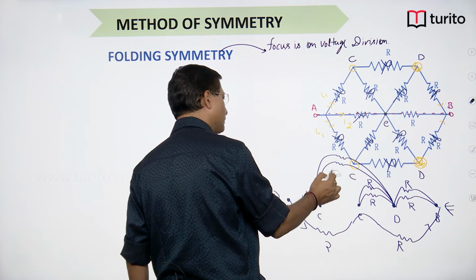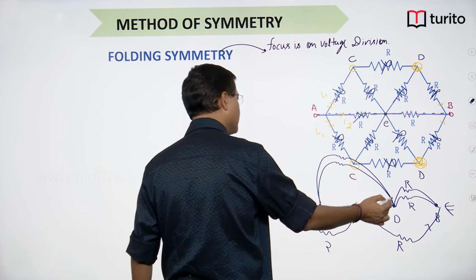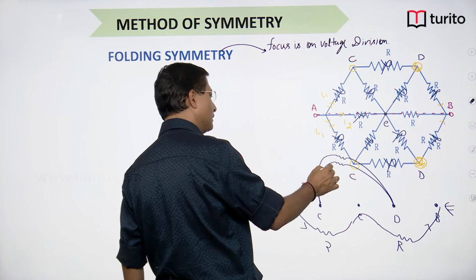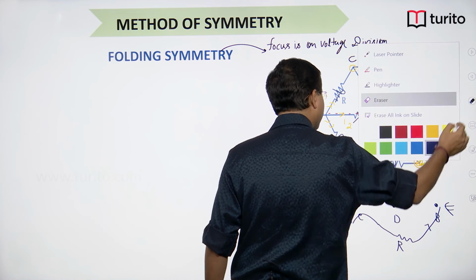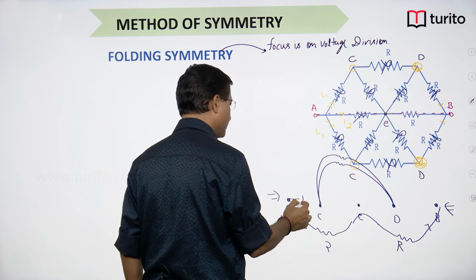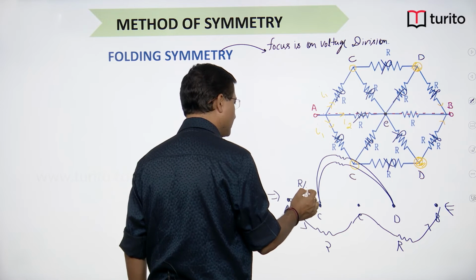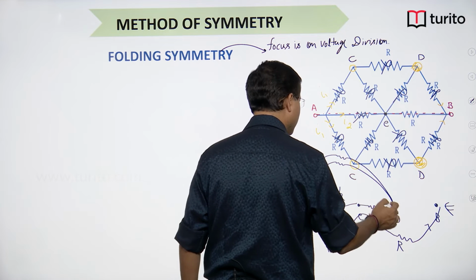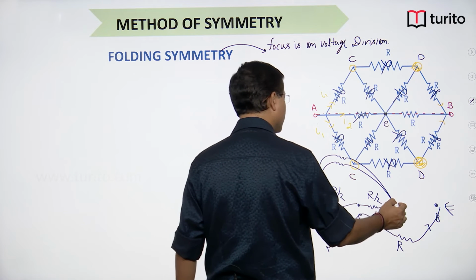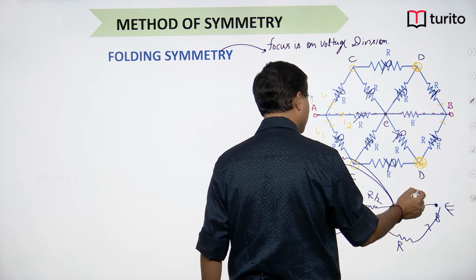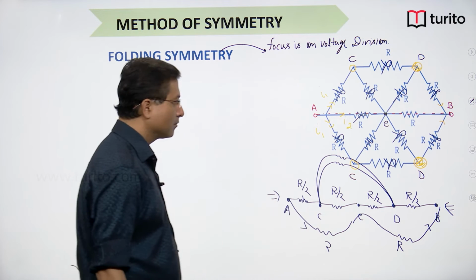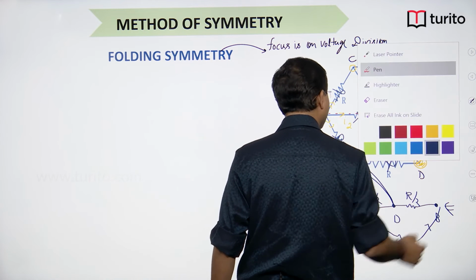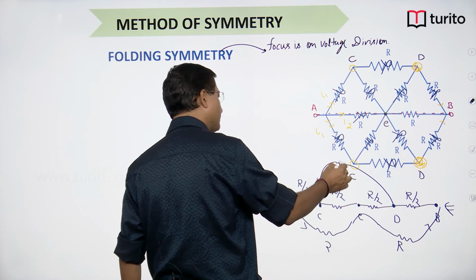R by 2, R by 2, R by 2, and then R by 2. Okay. And this will also be R by 2. Later I will connect it. And then these two resistors can be replaced by one resistor of resistance, again R by 2.